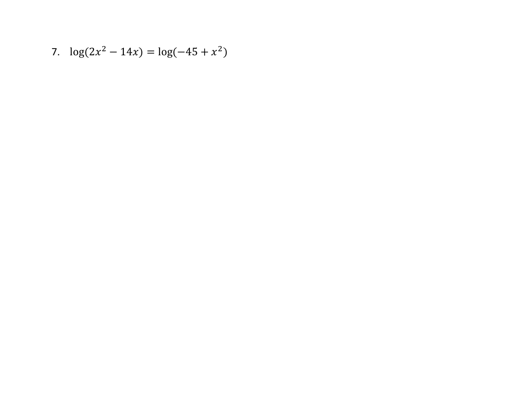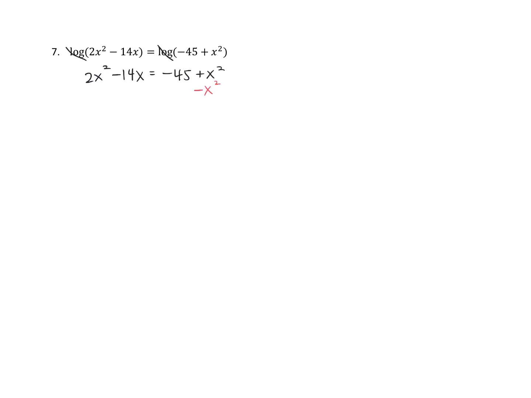All right, number 7, you can see that I have the common log on both sides. Since they match, I can cross those out. And I will have 2x squared minus 14x is equal to negative 45 plus x squared. You can see that I'm going to have a quadratic equation because I have x squares. So I want to move all those to the same side of the equal sign so that I can then factor or use the quadratic formula.